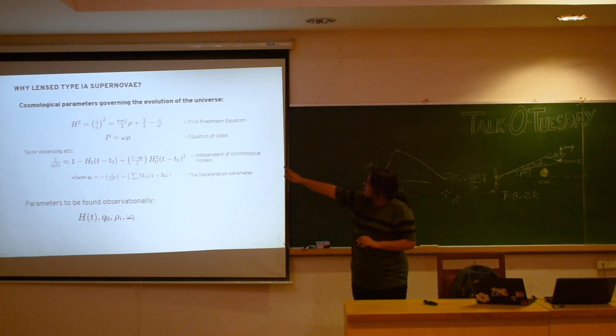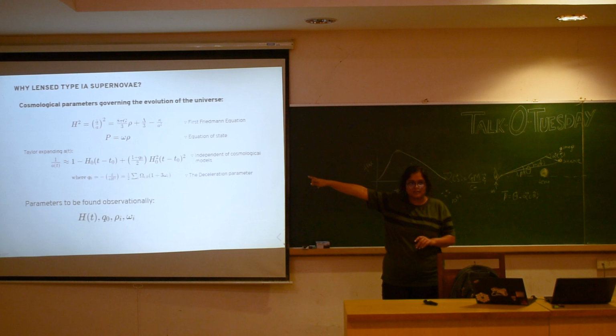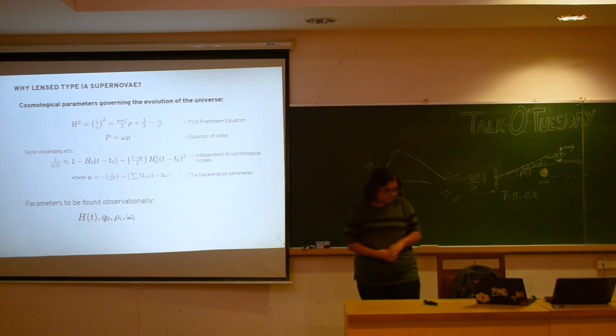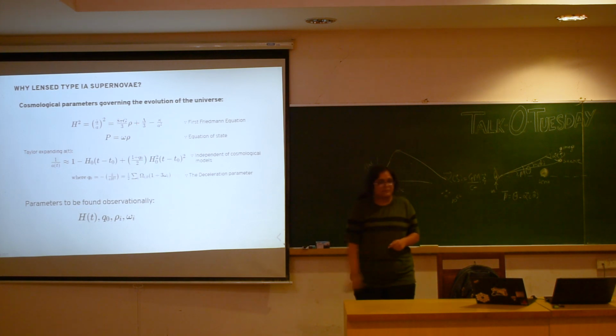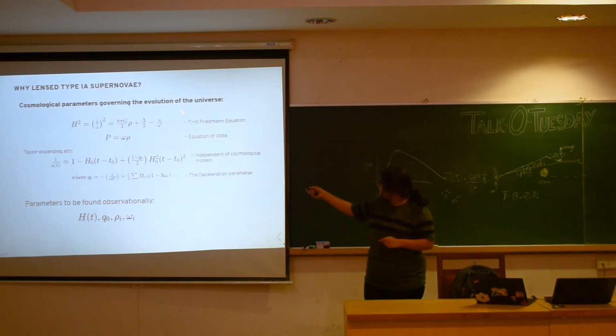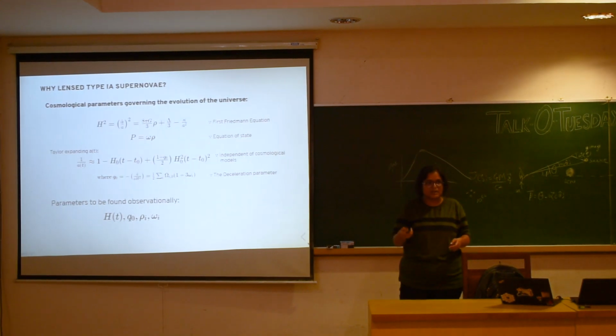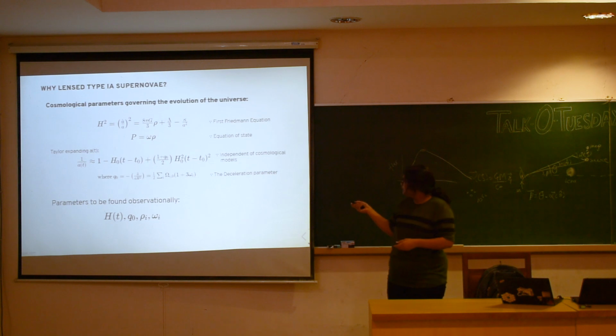This is a general case where I am also including lambda, which is dark energy, and kappa, which is the curvature of the space. There has been a lot of observational evidence that the curvature of the space is zero. The universe that we live in has zero spatial curvature. But this is just a general Friedmann equation that I have considered here.